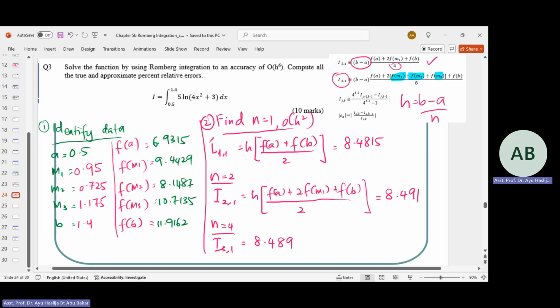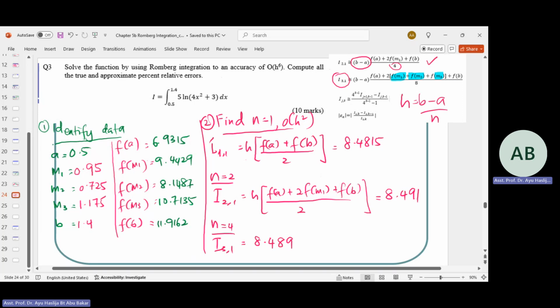Order of? Up to you. As long as you understand your data. Yesterday we had FA, FM2, FM1, FM3, right? So it's up to you how you want to arrange. But you need to understand your own data.